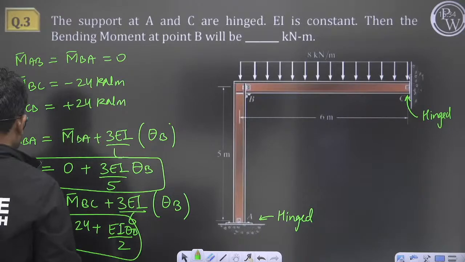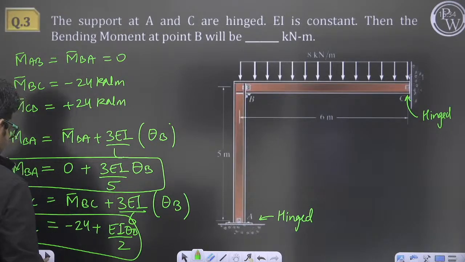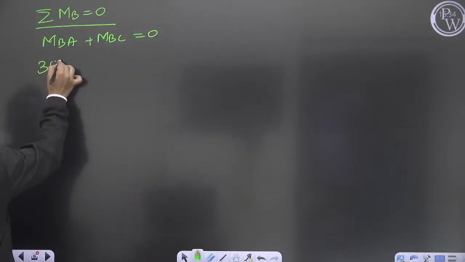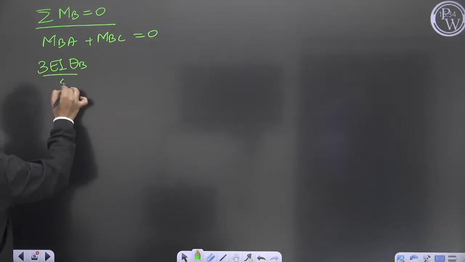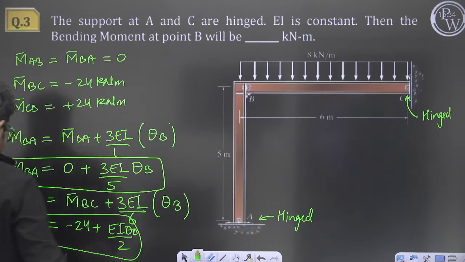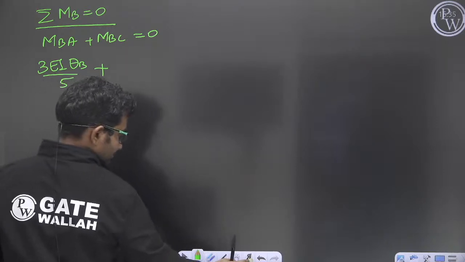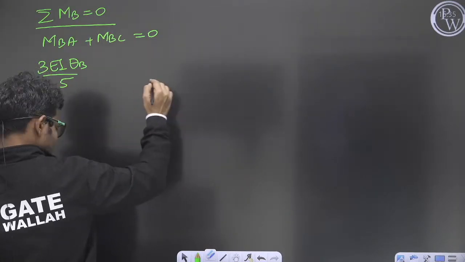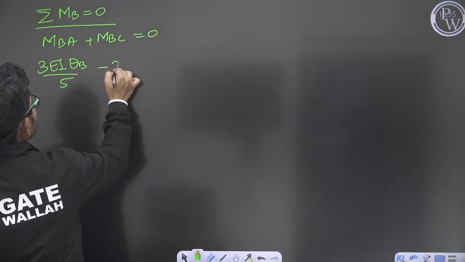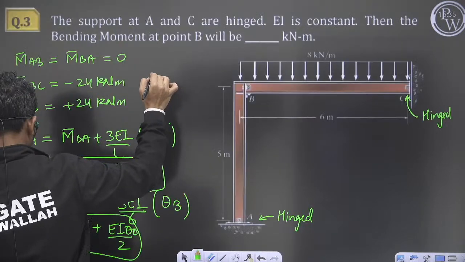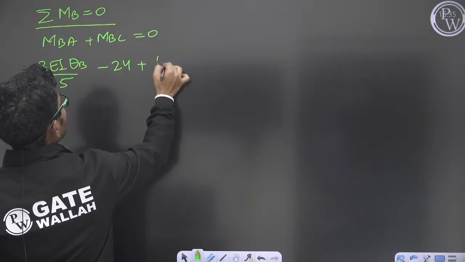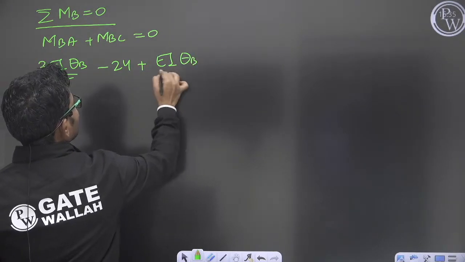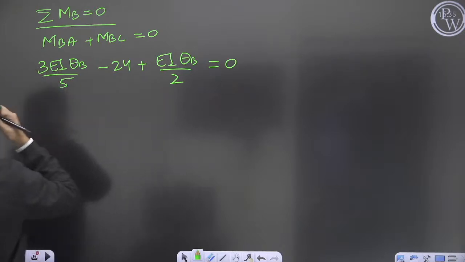What will be the value of MBA? MBA is 3 EI theta B by 5, plus MBC, which is minus 24 plus EI theta B by 2, will be equal to 0.